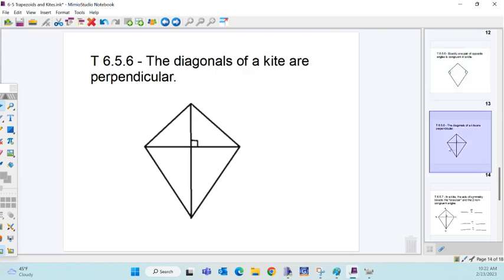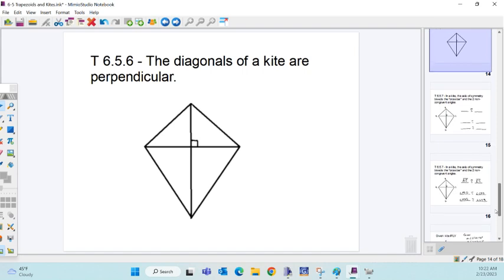Good. So the diagonals are perpendicular. Those angles are congruent. The diagonals are going to be perpendicular, making a right angle, making right triangles. Right triangles are super important. We're going to spend significant time on right triangles after winter break. Super, super, super important.